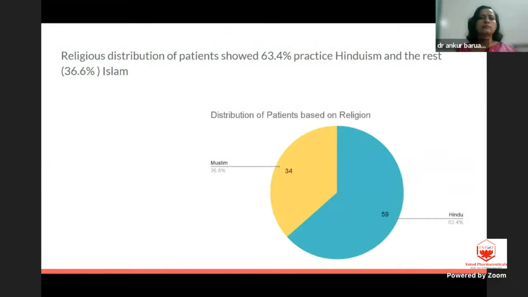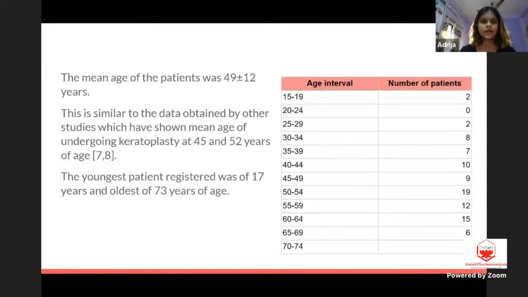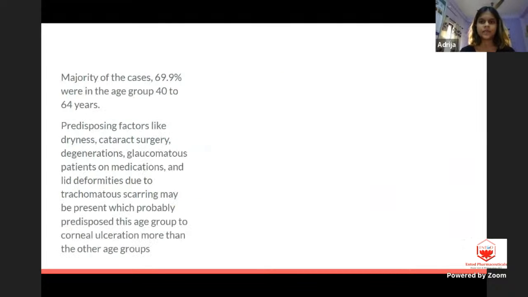Religious distribution of the patients showed a majority of them were practicing Hinduism. The mean age of the patients was 49 years with a standard deviation of 12 years. This is similar to the data obtained in other studies, which showed 45 and 52 years of mean age. The youngest patient was 17 years and the oldest 73 years.